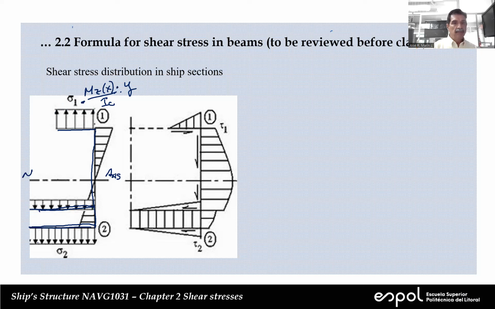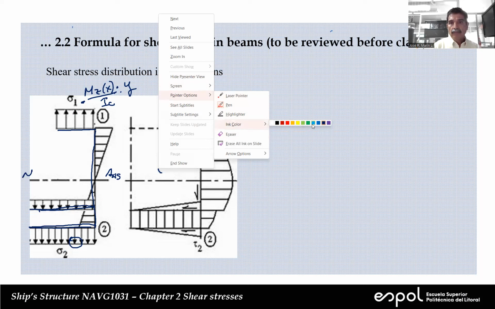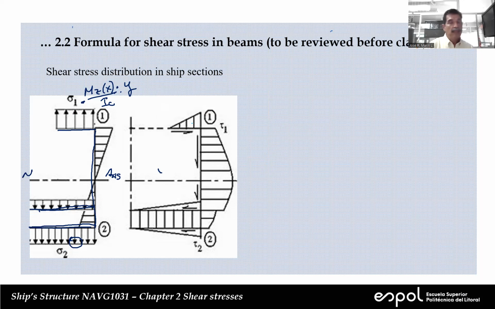Now, on the bottom, you see that these arrows are pointing upward, and these arrows are pointing downward. That means that the sign is different. On the top, y is positive. On the bottom, y is negative. Now, here on the right of this figure is what I want you to look at. We have the same section, but now this is tau.